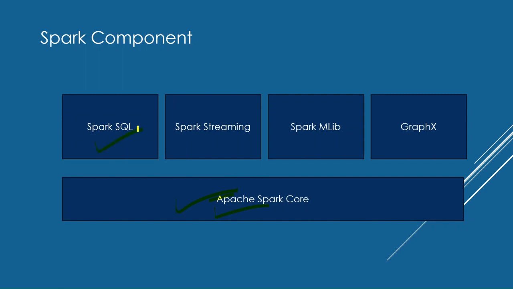Let's discuss Spark SQL. It exists on top of the Spark Core and introduces a new data abstraction called SchemaRDD. This is very important. SchemaRDD provides support for both structured and unstructured data. Let's talk something about Spark Streaming. It is one of the Apache Spark components and it allows Spark to process real-time streaming data.